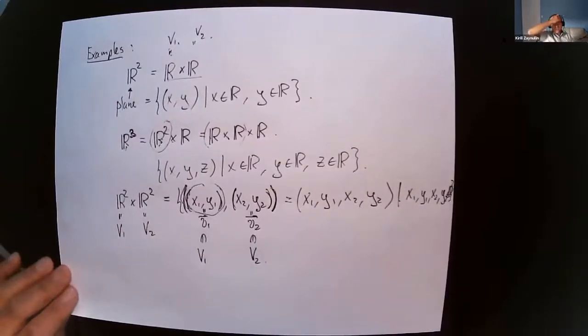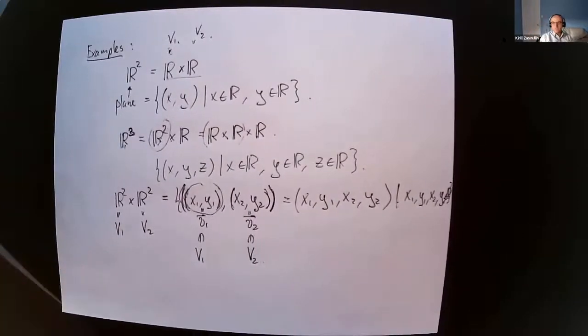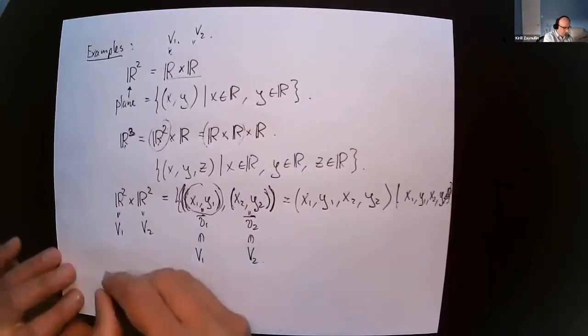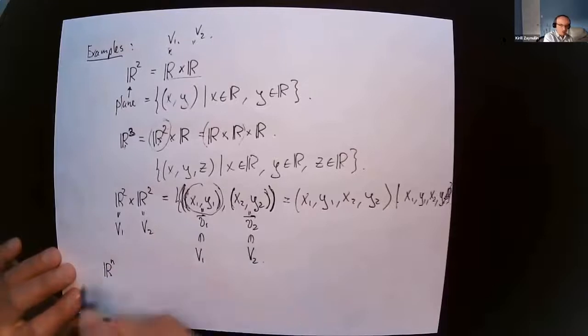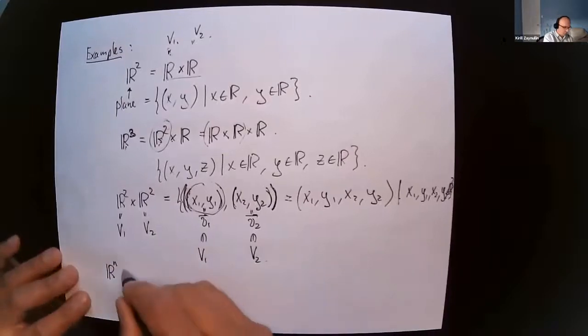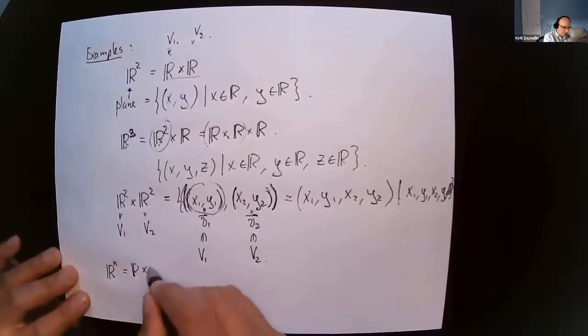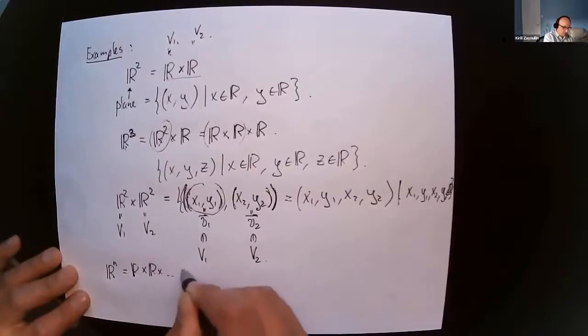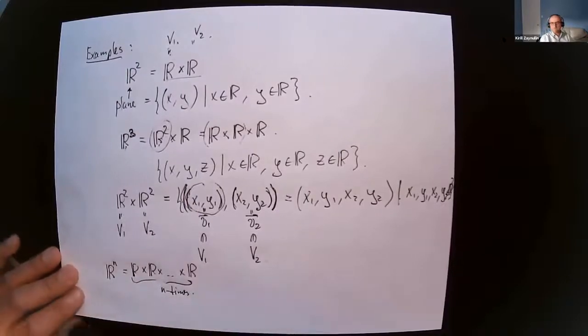As you see, you can basically form a lot of examples of products, right? And in this way, we can get a general Rn. Rn is just a product of R with itself, precisely n times. And this is a vector space using the standard addition and multiplication by the scalar.